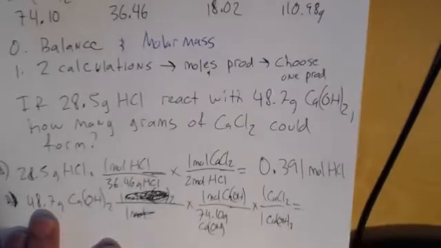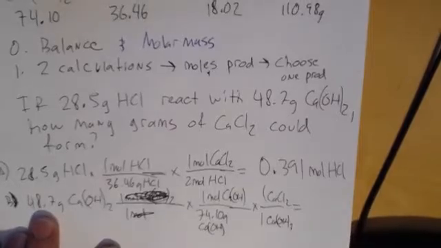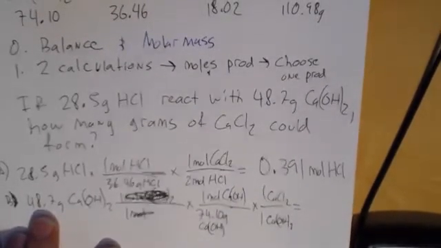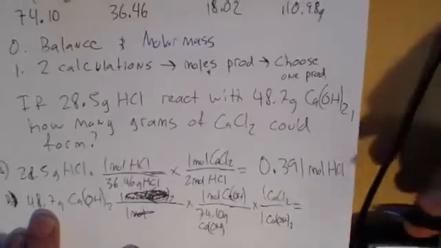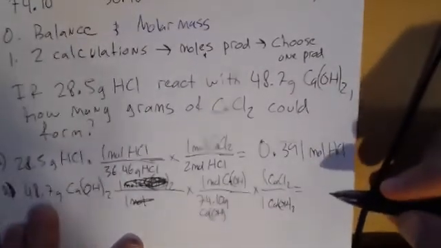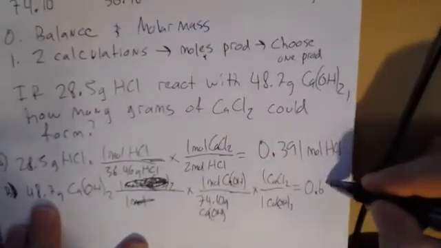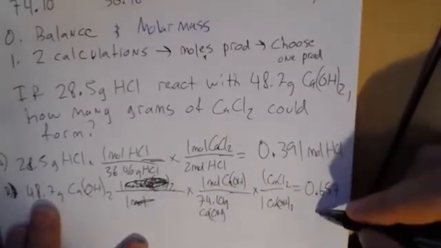So 48.7 divided by 74.1 times 1 equals, oh, that's quite a bit more, isn't it? That would be 0.657 moles.